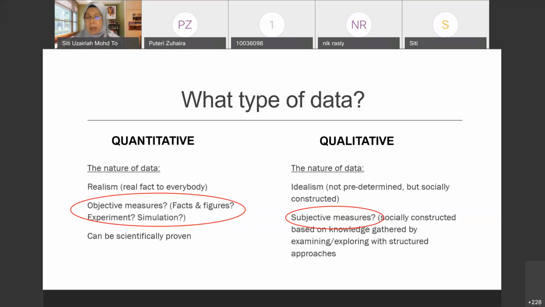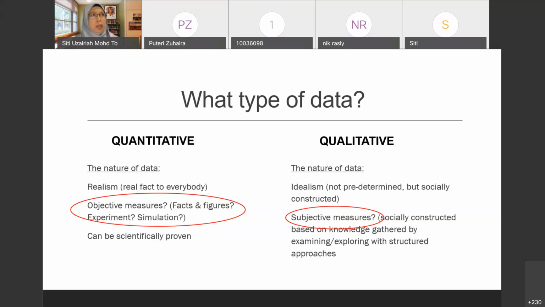When I say measured, calculated, validated, that means you are using statistical formulas, so it is scientifically proven. And if you use experiment, it's also scientifically proven. On the other hand, if in order to solve your problem you need to understand why this is happening, you need to explore some situation because it is new to you.